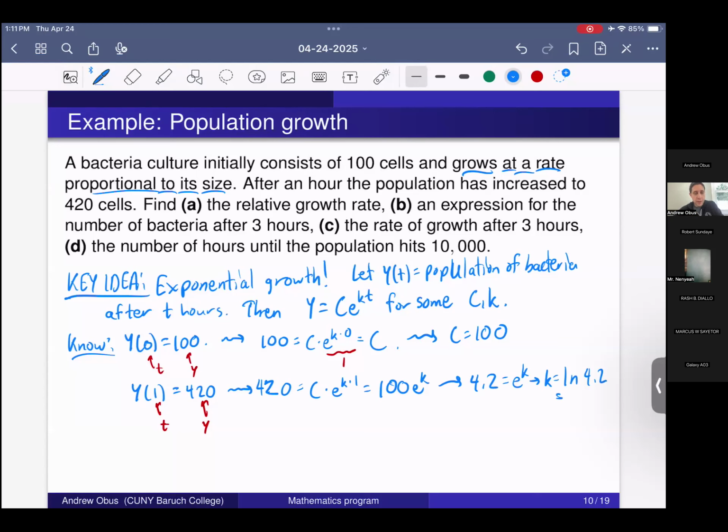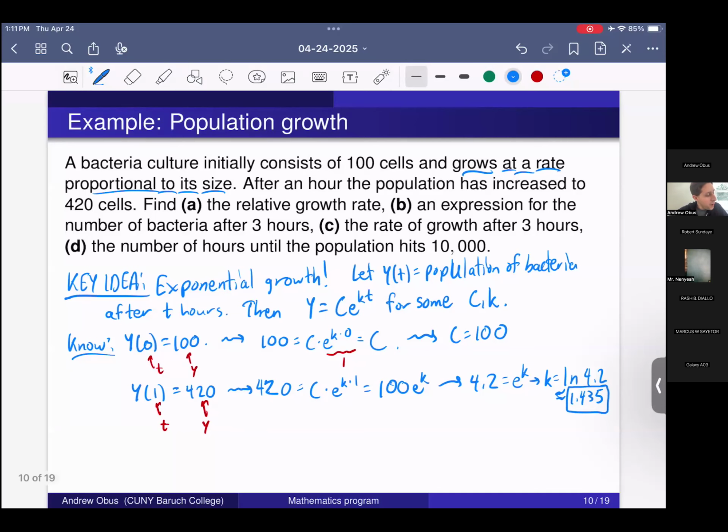That I need to use a calculator for. So the natural logarithm of 4.2 is about 1.435. So this is the answer for part A. The relative growth rate is 1.435. That's our k.